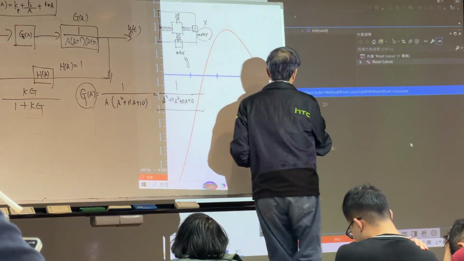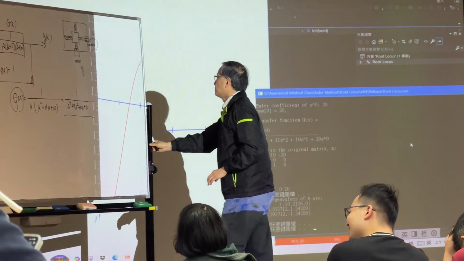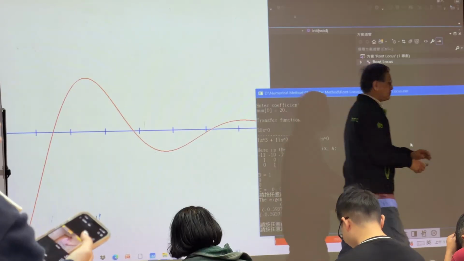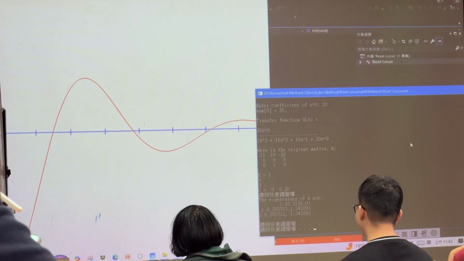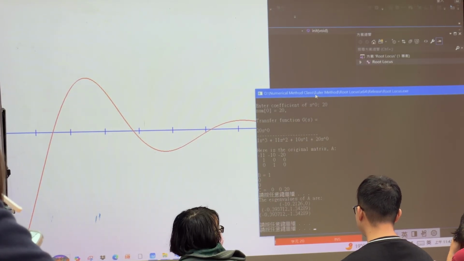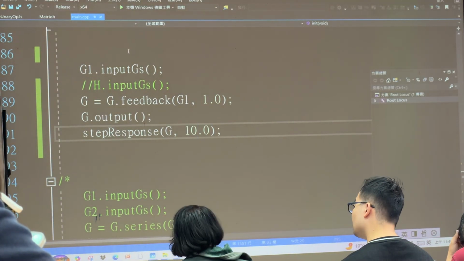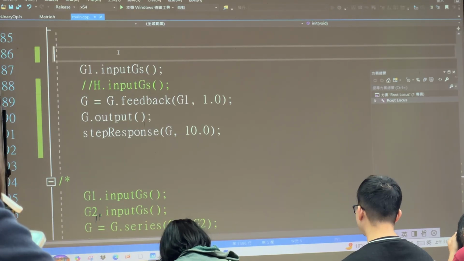And so with that, I'm going to show you what I did last time. Last time, I showed you that I can use this to generate, let me take this up.